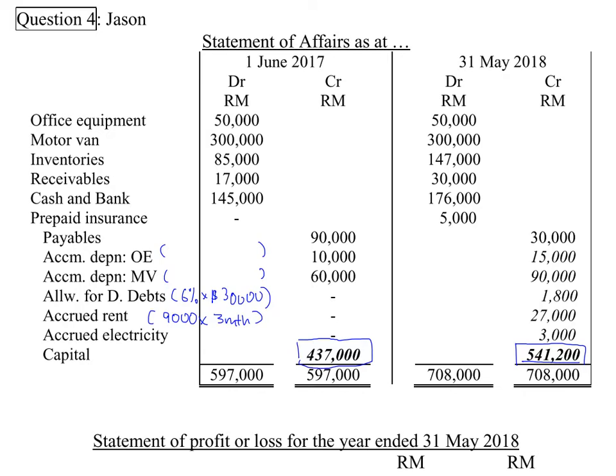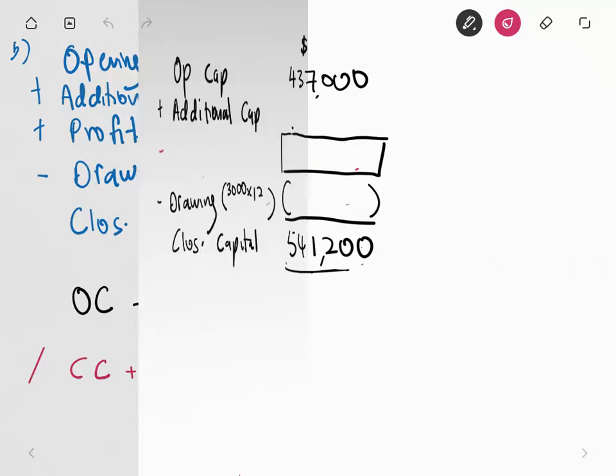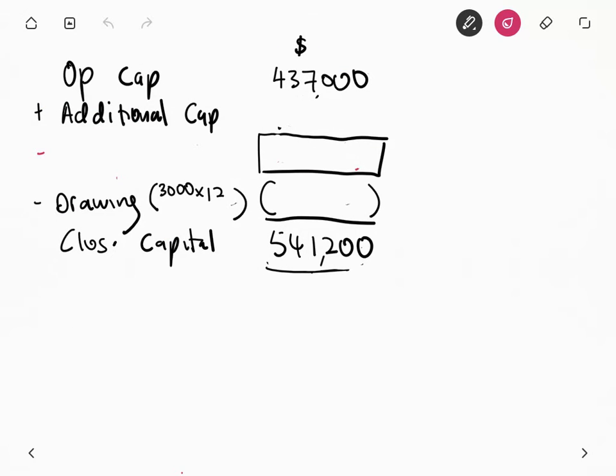Okay. Normally after this, you have opening capital. We now have closing capital. And the question normally asks us to find the profit or the loss. So can we find? Yes. My opening capital 437,000. My closing is 541,200.